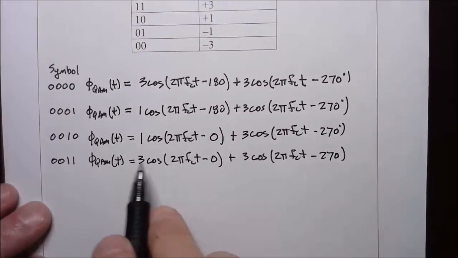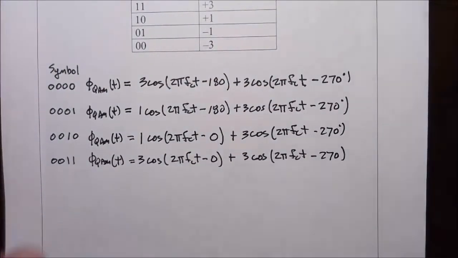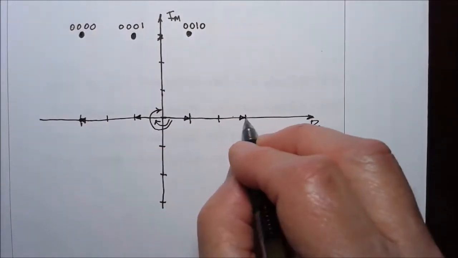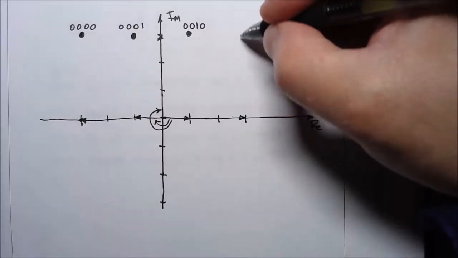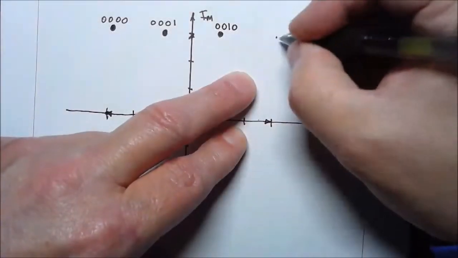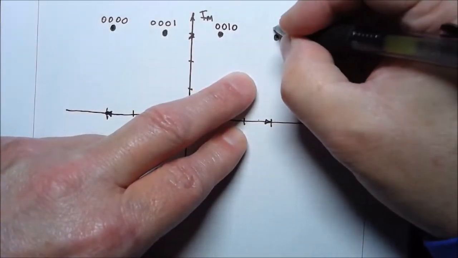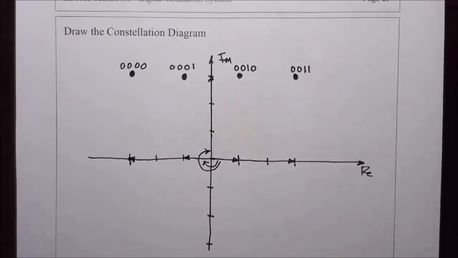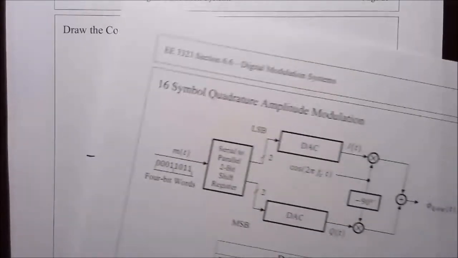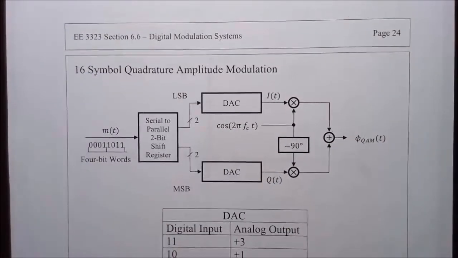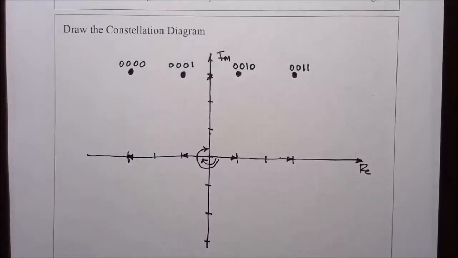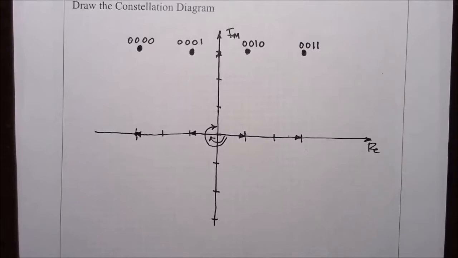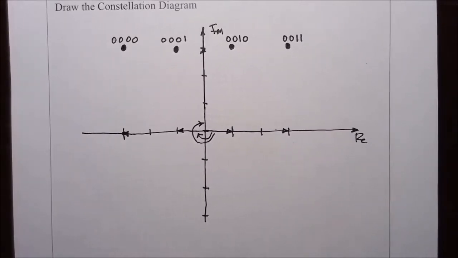So magnitude 3 and an angle of 0 points out to this direction, plus 3 at an angle of 270, and right there, this is for 0, 0, 1, 1. So those are the first 4 points in a 16 symbol quadrature AM signal. Let me stop the recording, and I'll think about where the rest of them fall.